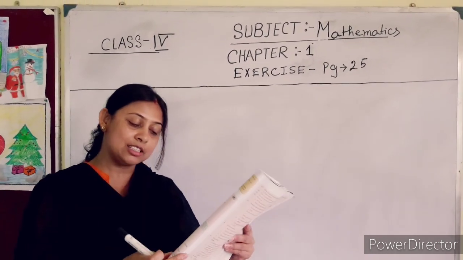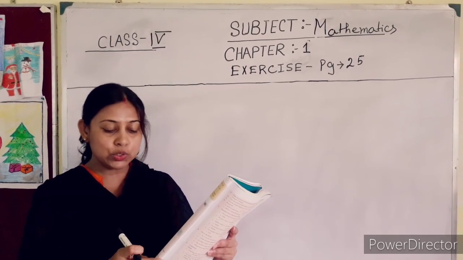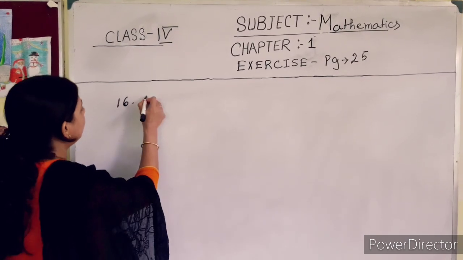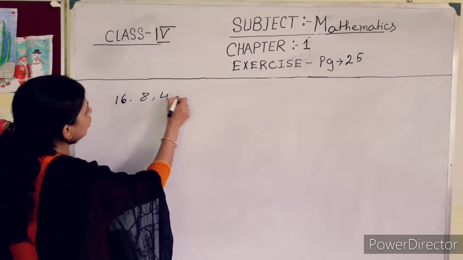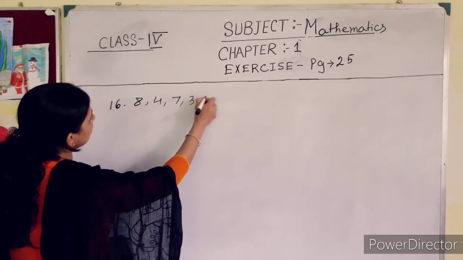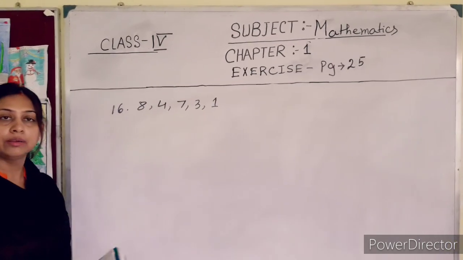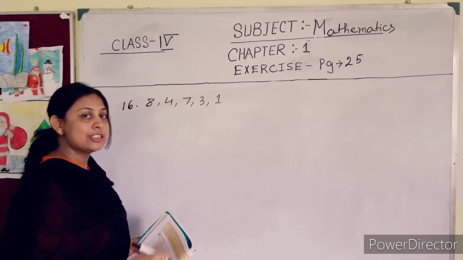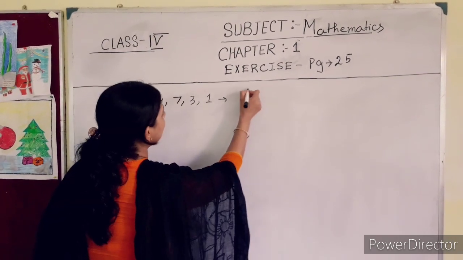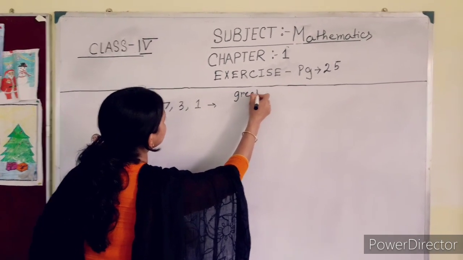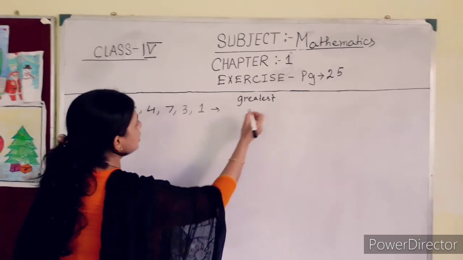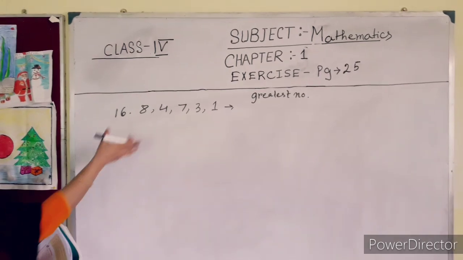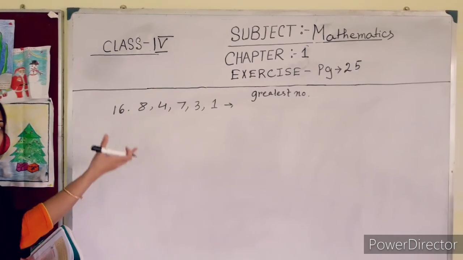Make the greatest and the smallest number of 5 digits using the digits 8, 4, 7, 3 and 1. You have to make the greatest and smallest number using these digits. When you form the greatest number, what will be the rule?